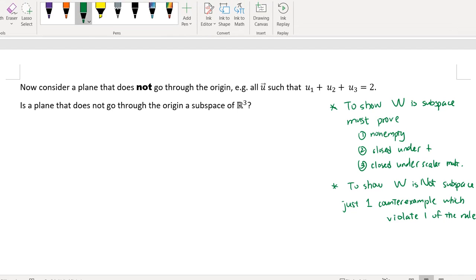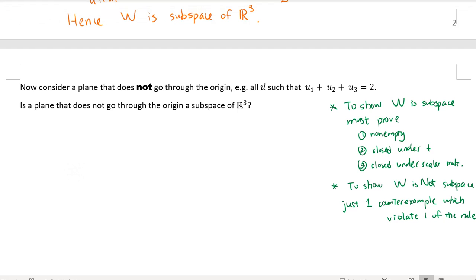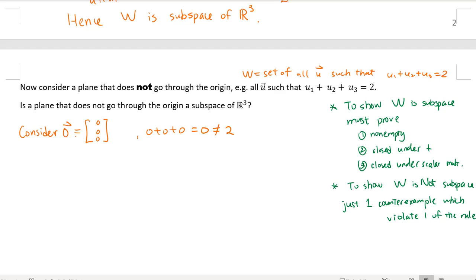Usually it's easy to check whether the zero vector works. So consider the zero vector, 0, 0, 0. When we plug in 0 plus 0 plus 0, this is 0, which is not 2. So let's say W is the set of all U such that U1 plus U2 plus U3 equals 2.